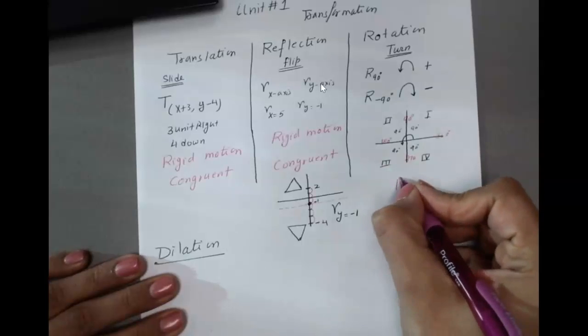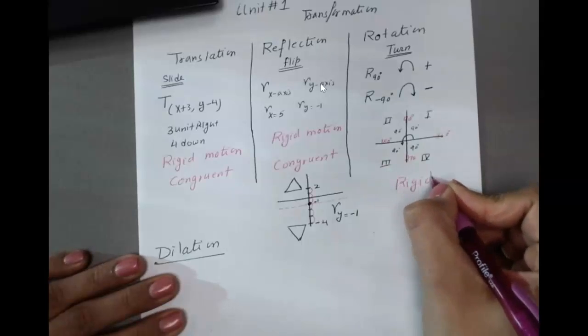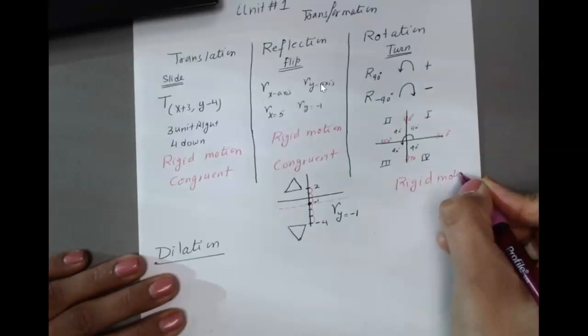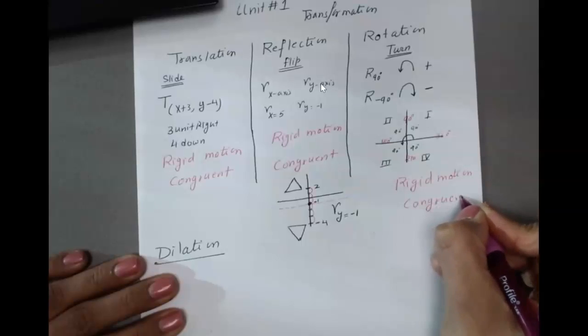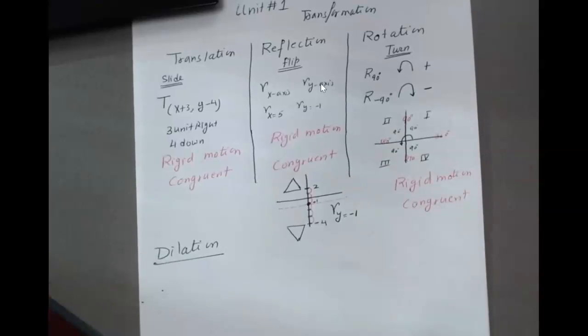Same thing here. Rotation is a rigid motion. No change in size, no change in shape, and this is congruent. So all three are rigid motions and congruent because we do not change the size.